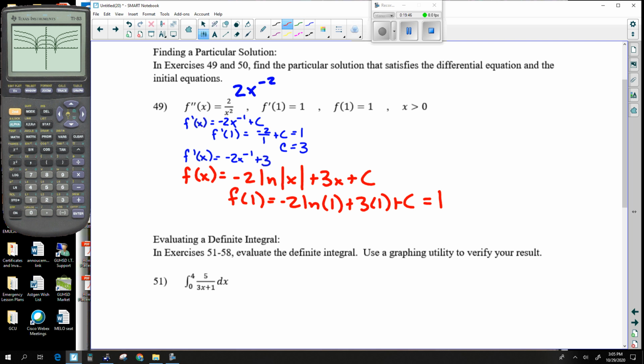So this is 0 right there. And so this is 3. So this is going to be what, negative 2? Oh, and they say x is exclusively bigger than 0, so I'll just say x, rounding brackets.